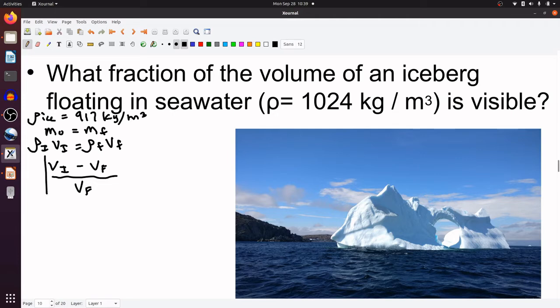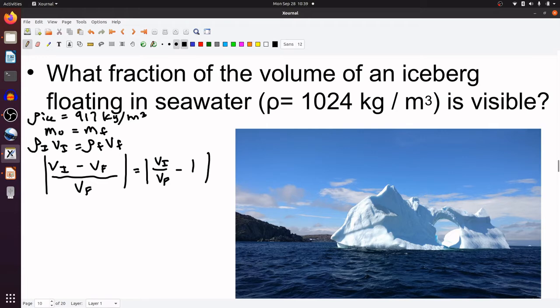And it's an absolute value because we're just looking for the positive here. Okay, what does that leave me? Well, let's do this. If I break this up, this will give me Vi over Vf minus Vf over Vf. Vf over Vf is 1. Boom. There we are.